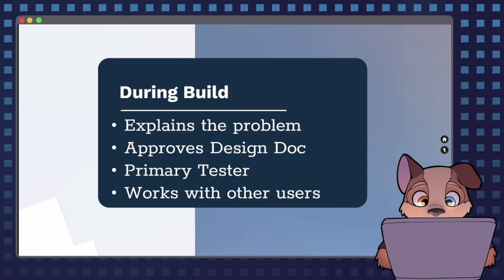They're going to approve the design doc, so someone's going to explain to them what the software could do in order to help. They will be a primary tester of the software because ideally they have the problem, so they will be able to tell you whether or not the software helps them solve this problem. And they will work with other external users. If other people have the problem and you want to see whether this software works for a larger group, it's going to be the problem space expert that is deeply involved with that.